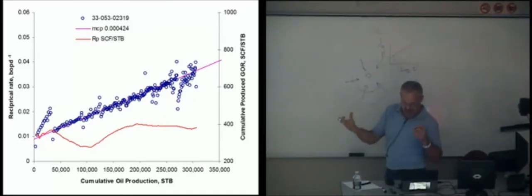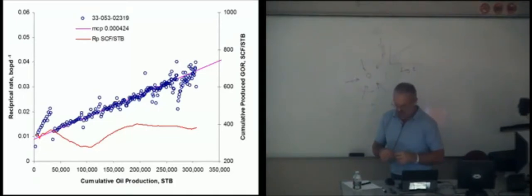There's this mathematical fallout that we're always going to get a semi-log straight line. So basically, radial flow is a semi-log analysis technique.